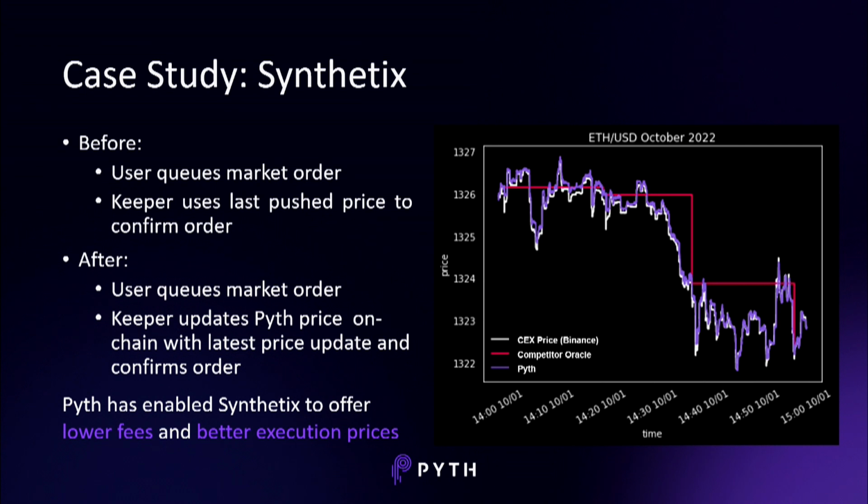Between 1420 and around 1430, that's a pretty big difference in price. With large size on a lending protocol, for example, that could potentially create a lot of bad debt for the protocol itself.